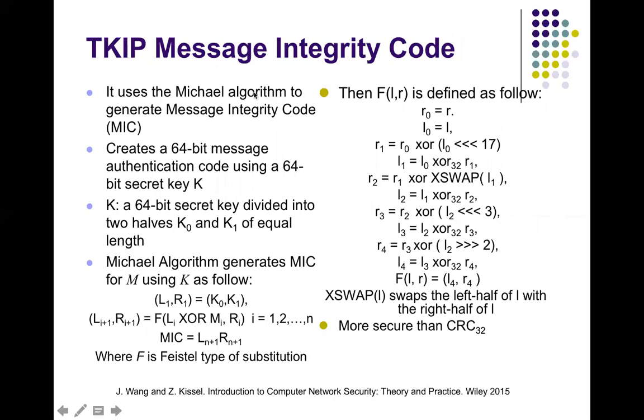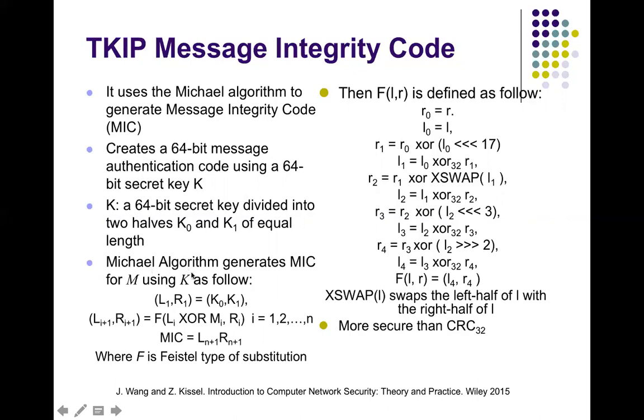WPA uses an algorithm called the Michael algorithm to generate a message integrity code. It creates a 64-bit message authentication code using a 64-bit secret key K. And this K is divided into two halves, K0 and K1, of the same length.